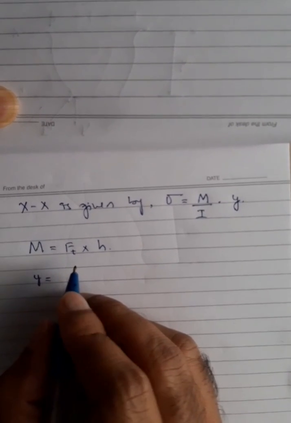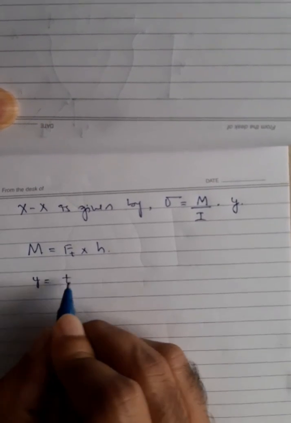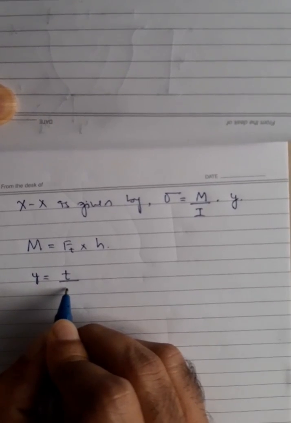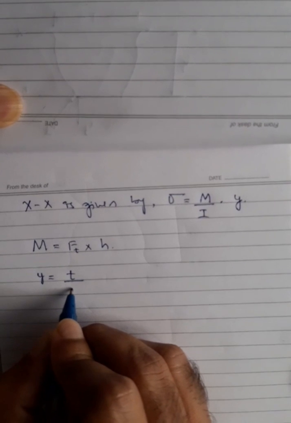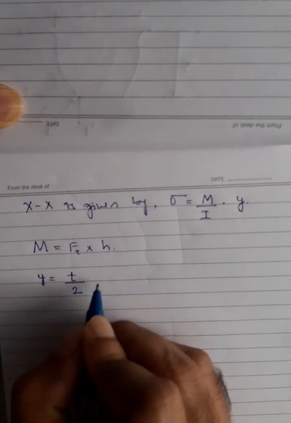For a rectangular section, we know that y is depth divided by 2, and here the depth is nothing but the thickness of the tooth, so it is t by 2.